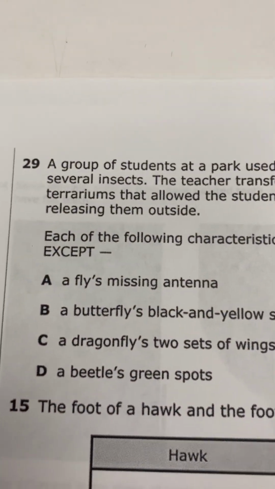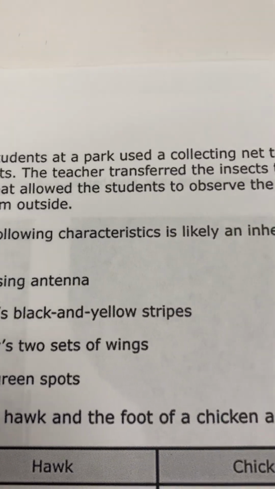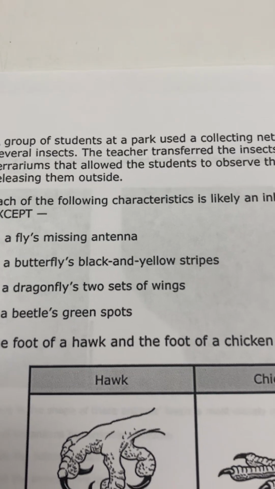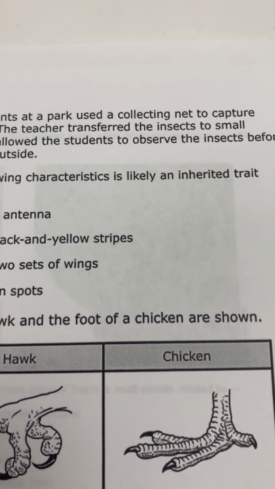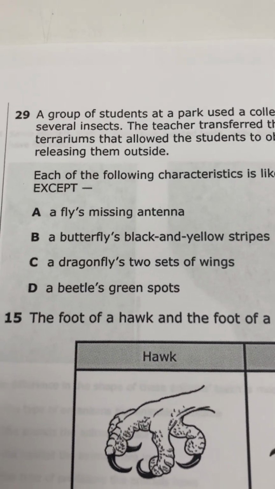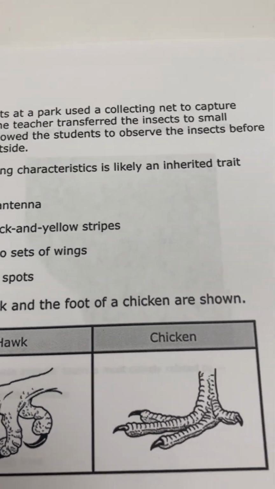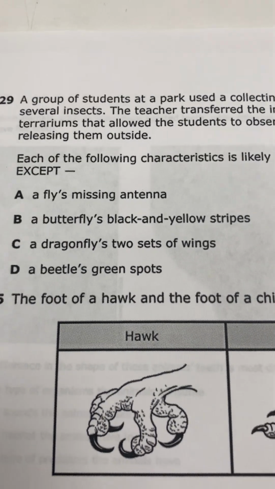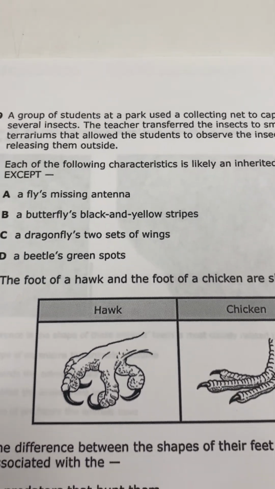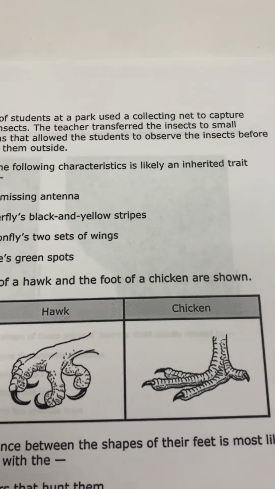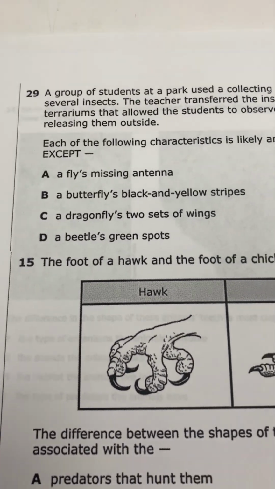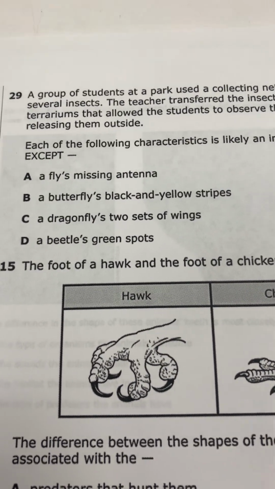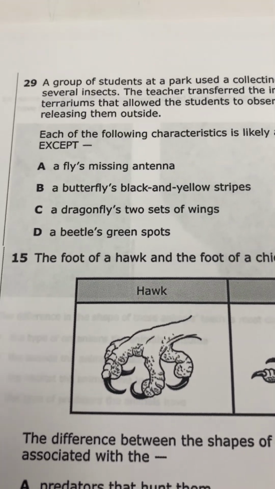It says, a group of students at the park used a collecting net to capture several insects. The teacher transferred the insects to small terrariums that allowed the students to observe the insects before releasing them outside. Each of the following characteristics is likely an inherited trait except, so 3 of them are inherited traits, 1 of them is not an inherited trait.